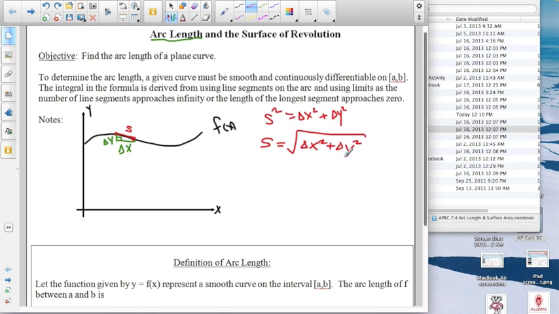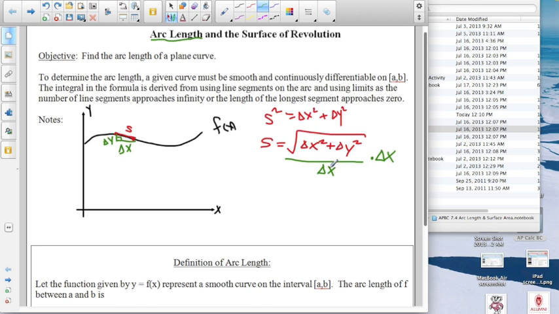So in this situation, I'm going to divide this entire expression by delta x. And of course, if I divide it by delta x, that would change the value of the expression, and we don't want to do that. So I'm also going to multiply by the same value, delta x.